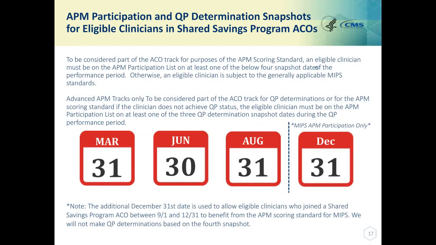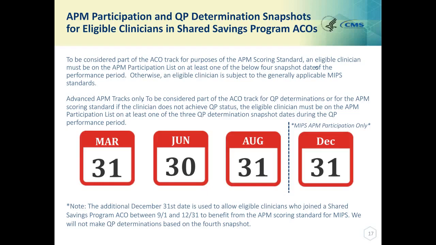So to be considered part of the ACO track for purposes of the APM Scoring Standard, an eligible clinician must be on the APM participation list on at least one of the below 4 snapshot dates of the performance period. Otherwise, an eligible clinician is subject to the generally applicable MIPS standards.